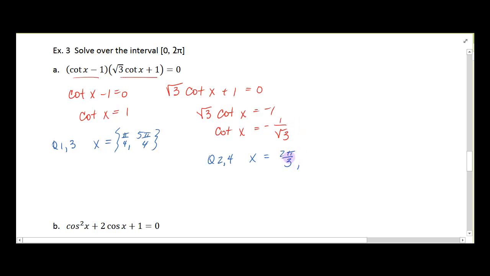And the other angle that's falling in quadrant 4 would be 5 pi over 3. So the total solution is given by all 4 of these angles, and that would be just pi over 4, 5 pi over 4, 2 pi over 3, 5 pi over 3. So all 4 of those angles make up the solution for the original equation.